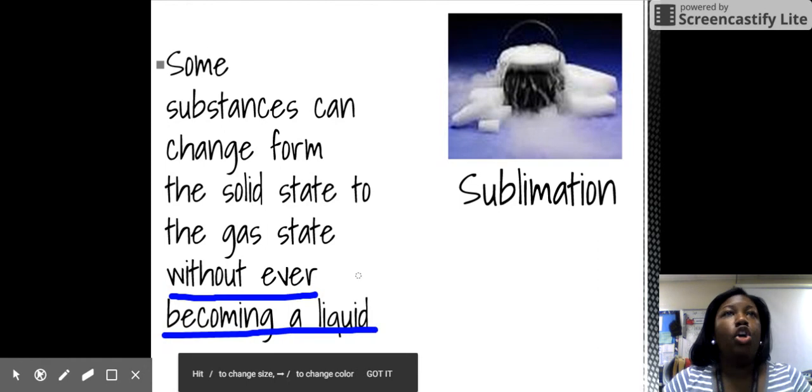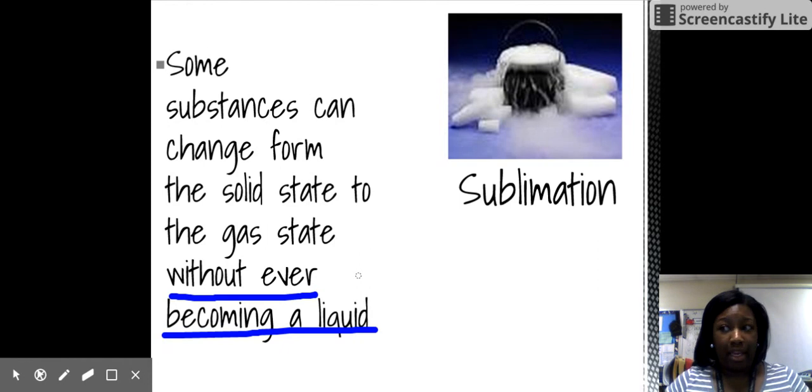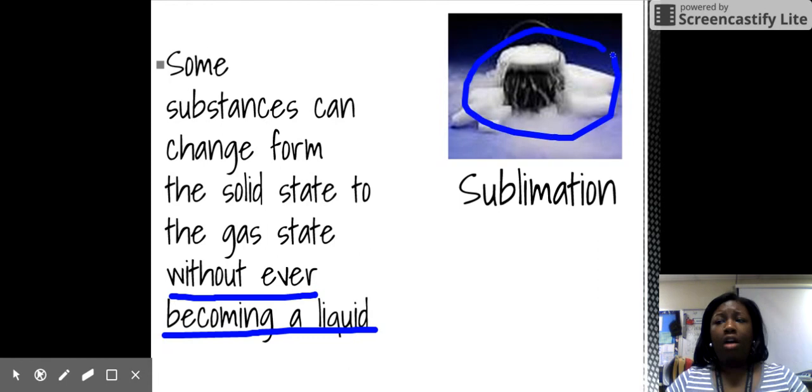When you drop dry ice into water, it goes straight into a gas, like you can see right here in the picture. It's from a solid to a gas, so no liquid stage, and that's sublimation. If we go from a gas to a solid, it's still sublimation, and we've skipped a step basically.